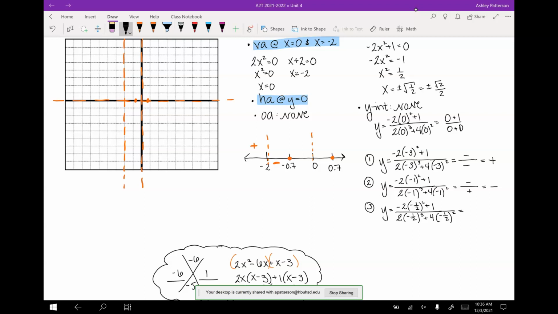No, it is negative. Well, what's negative 1/2 squared? 1/4. 1/4 times negative 2 is negative 0.5, plus 1. So is the numerator positive or negative? Positive. Excellent.